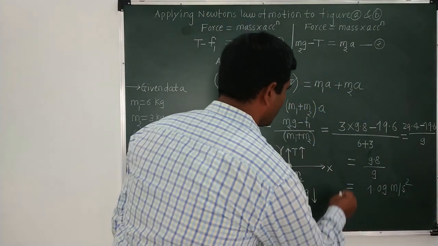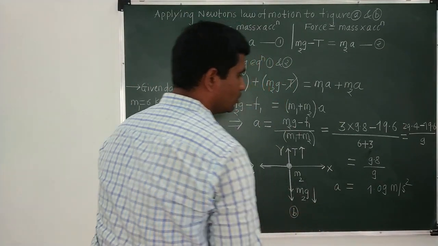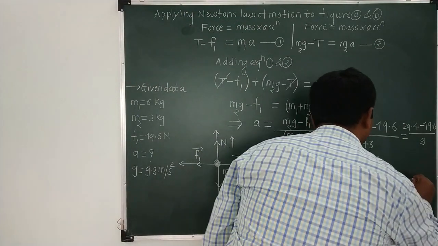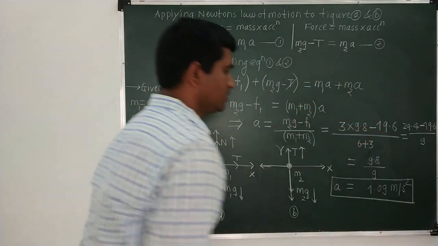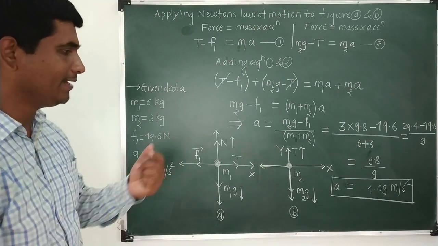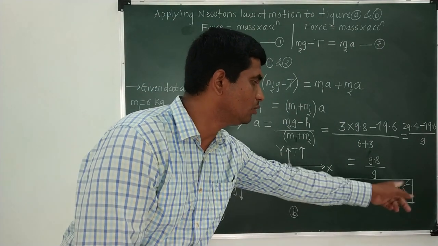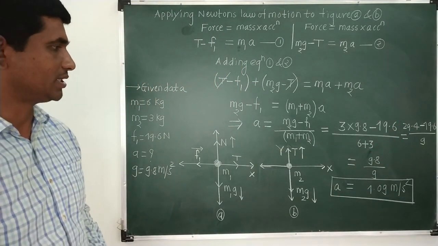Even calculators are allowed in the exam, you can use the calculator as well. So A is equal to 1.09 meters per second. You just have to write the simple line that the acceleration of the system is A equal to 1.09 meters per second.